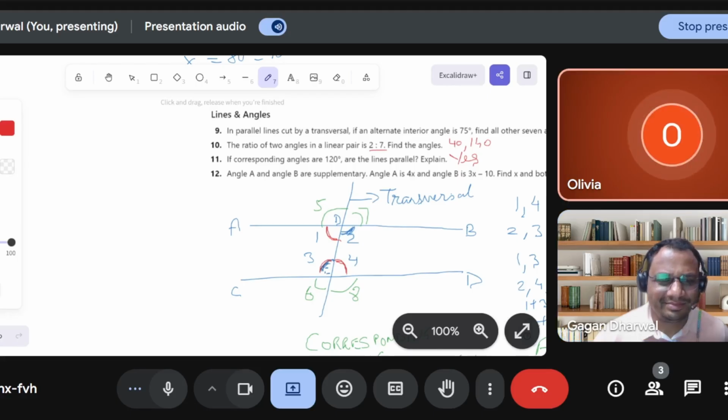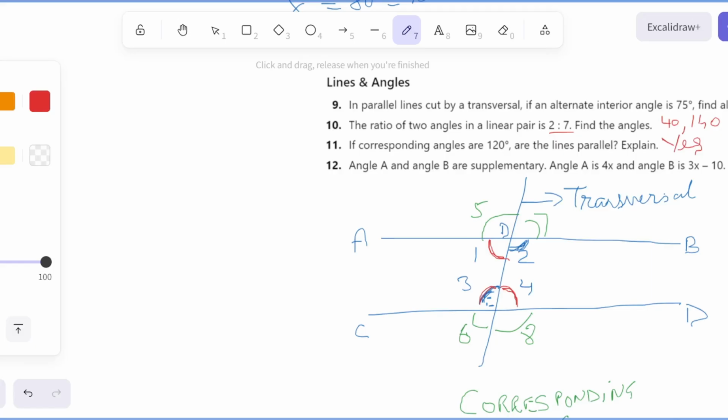They add up to 180. Those are supplementary angles, right? So let's add these angles. 4x plus 3x minus 10, right? And that will be equal to 180. Correct? Now just solve it.